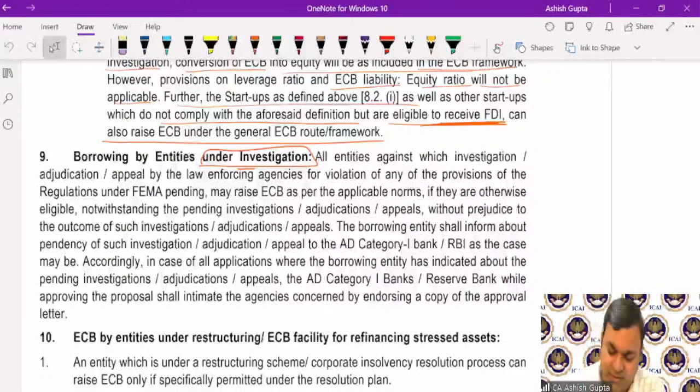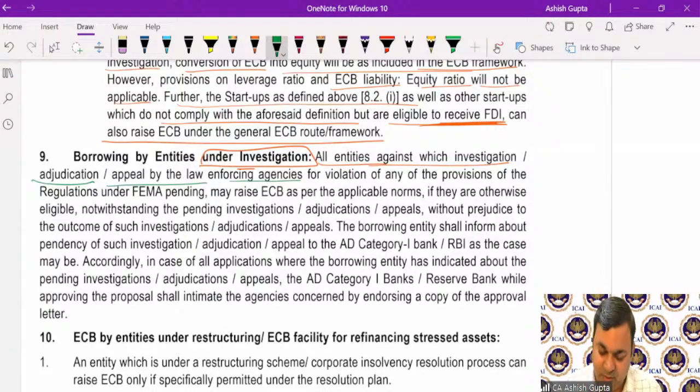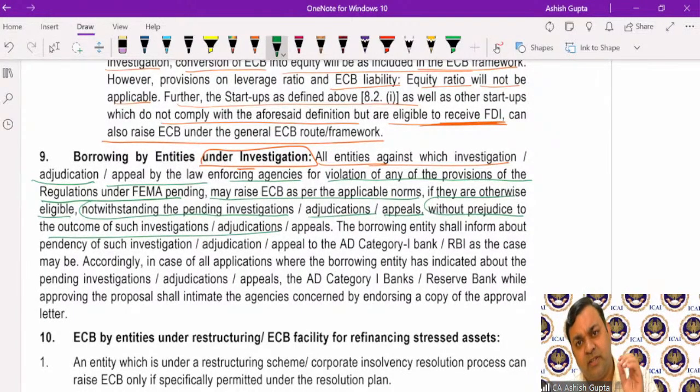All entities against which investigation or adjudication is pending, meaning defaulting companies under FEMA, or appeals by law enforcing agencies for violation of any provision of the regulations under FEMA are pending, may raise ECB as per the applicable norms if they are otherwise eligible, notwithstanding the pending investigation, adjudication, or appeals, without prejudice to the outcome of the subject. So they are also eligible to receive ECB. If they are otherwise eligible, the pending investigation, adjudication, or appeal will not be a barrier while raising the ECB.